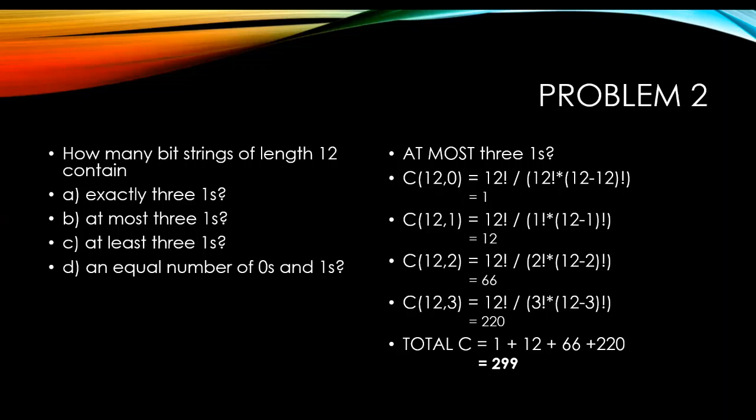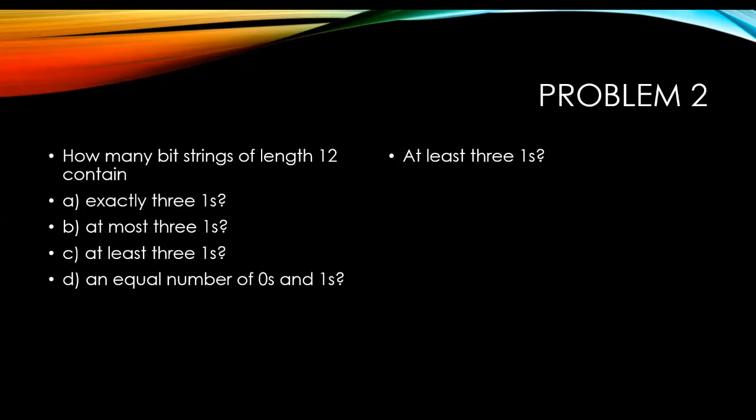Now let's move on with letter C, at least 3 of 1s. To solve this, we have two options. We're going to get all the scenarios that fit at least 3. So it means all bits are 1, 11 of 1s, 10 of 1s, 9 of 1s, 8 of 1s, up to 3 of 1s.